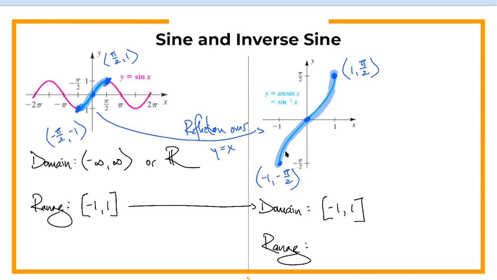But let's use our graph to tell us what the range of inverse sine is, because this graph doesn't go up and down forever. It only has a small portion. So what is the lowest y value and what is the highest y value for the inverse sine graph?